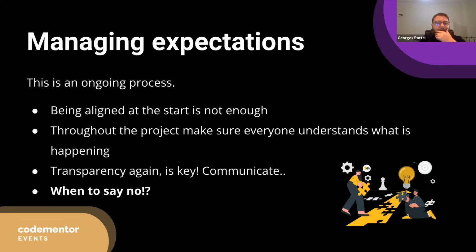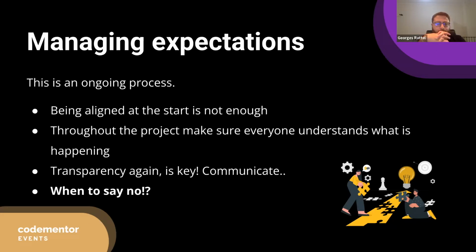Okay, moving on. So that's why it's also very important to manage expectations, and it's kind of part of the alignment, but it's not enough to align at the start. If you already told the client or the developer what to expect at the start, it's not enough, because throughout the project many things change and many things can happen.